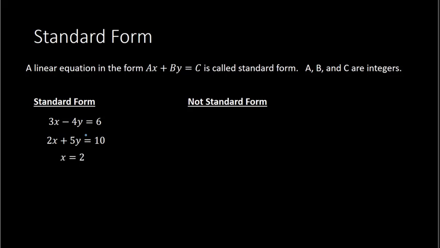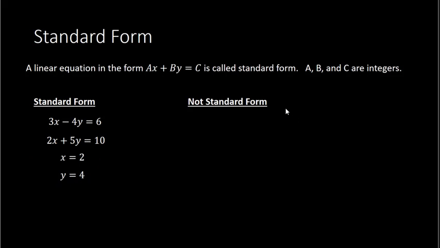X equals 2 would also be standard form because there's 0 y's. So we can think of that as 0y plus x equals 2. That's standard form because x and y are on the same side. In this case, there is no y, but the number is on the other side. Same thing with y equals 4. There's 0 x's. So x and y are kind of on the same side, so to speak. And then the 4, the number is on the other side.